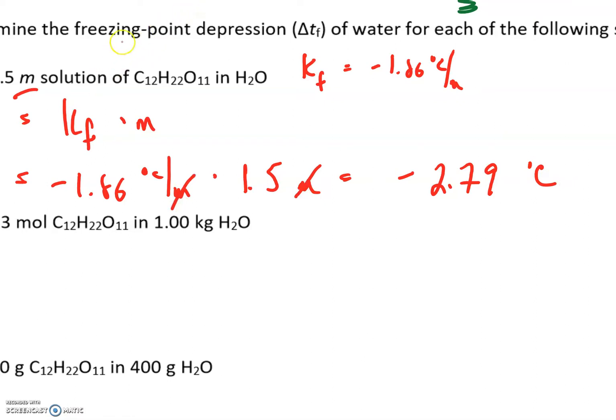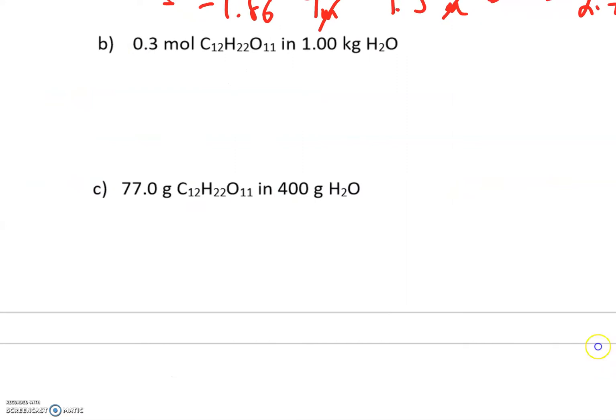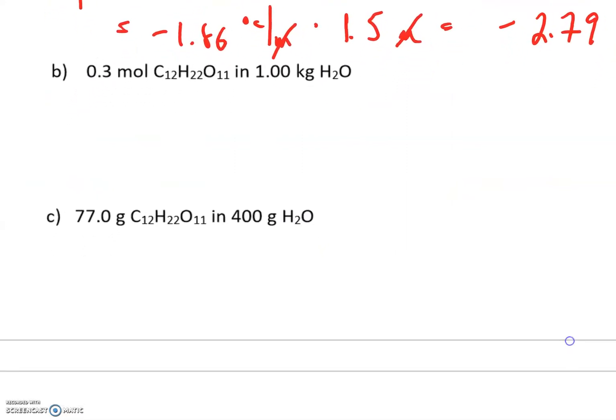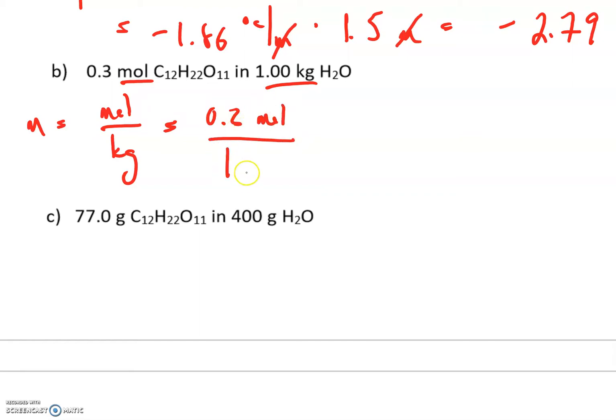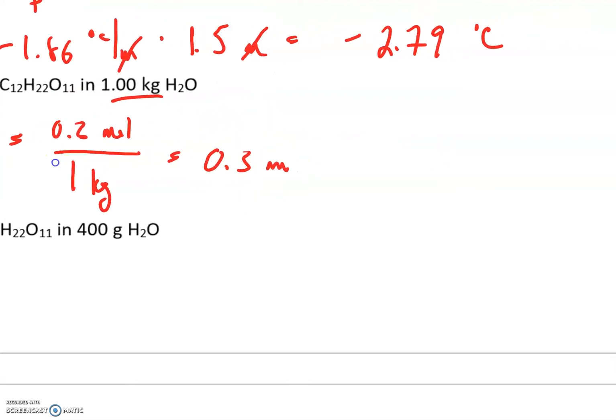Okay? Part B is a little more involved because you need to find the molality first. You know that molality is equal to moles over kilograms. You got 0.3 moles in 1 kilogram. 0.3 moles in 1 kilogram is 0.3 molal. So we're simply going to plug it right into our equation.